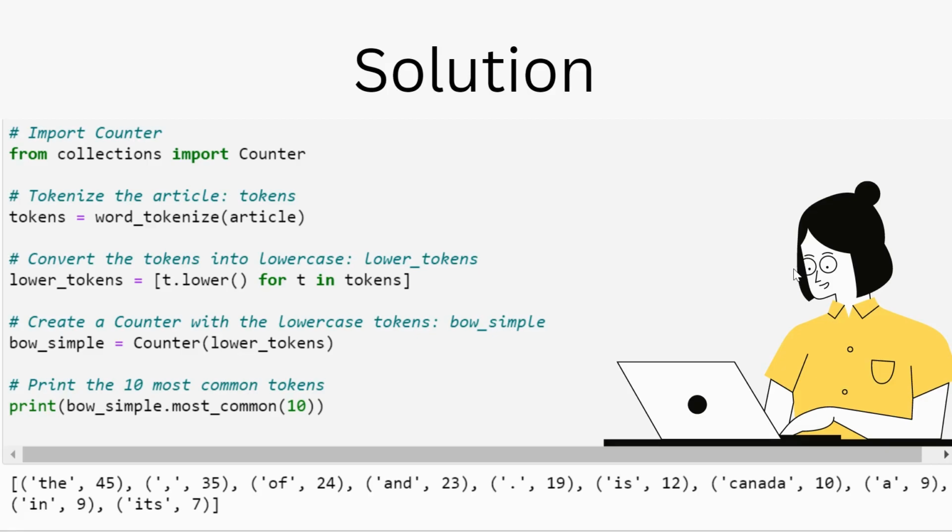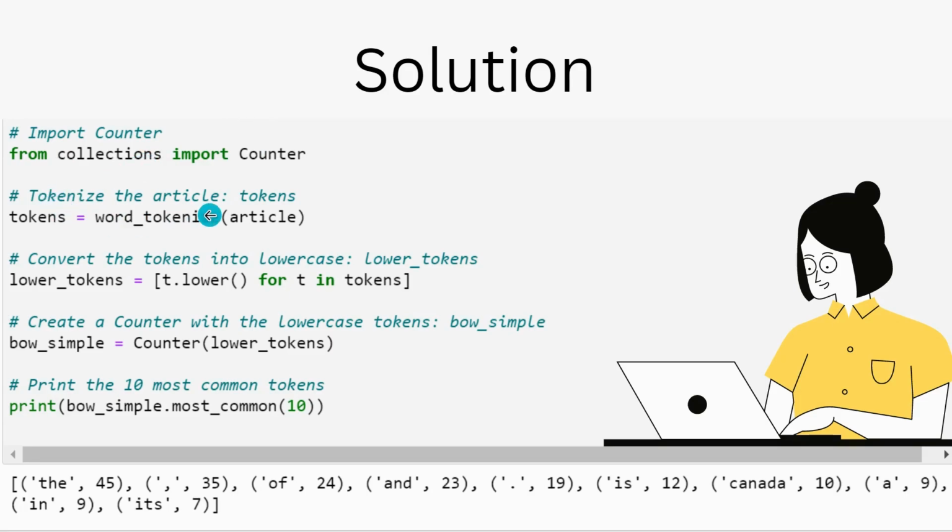And here is a solution. For this, we have to import two packages. From collections, we need to import Counter, and we have to import word_tokenize from the nltk.tokenize library, right? Here I had already imported the word_tokenize method, but you can import both on your side.